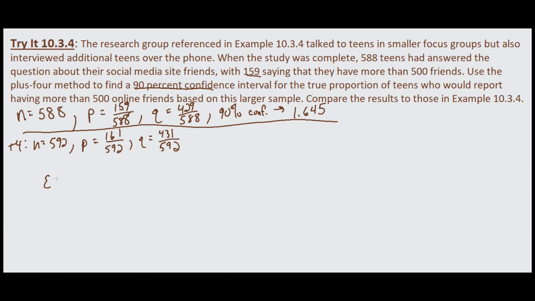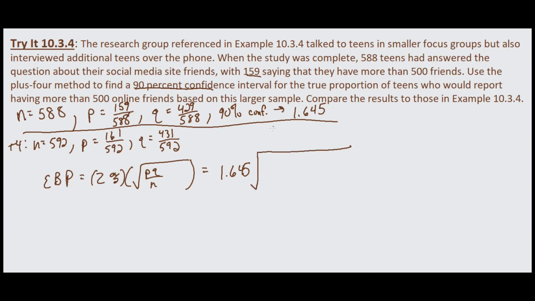So our bound on error, or margin of error, or error bound of the proportion, is going to equal the Z critical value times the square root of P times Q divided by N, which equals 1.645 times the square root of P, which is 159. Oh, sorry.